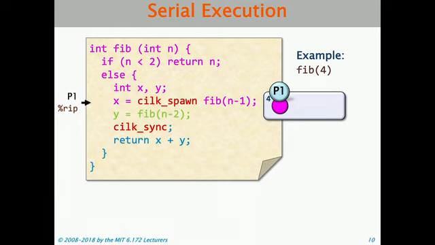So we start executing this computation, and that one processor is just going to execute the Fibonacci routine from beginning up to the Cilk spawn statement as if it's ordinary serial code, because it is ordinary serial code. At this point, the processor hits the Cilk spawn statement. What happens now? Anyone remember?